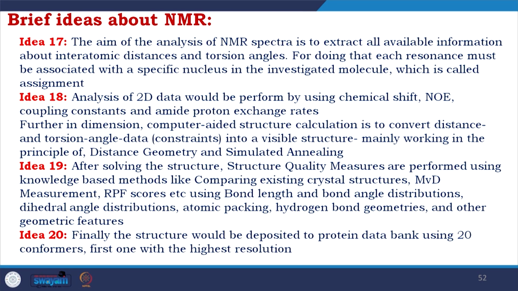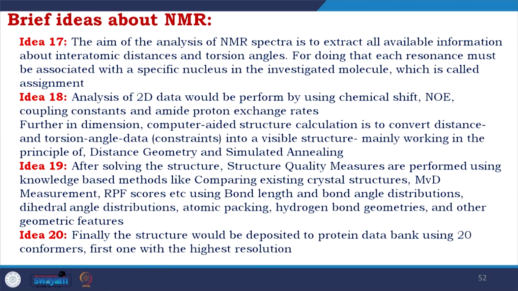Idea 20, the last idea: now you started from scratch, you came to structure development, you have already refined your structure, you checked the structure, and finally the structure would be deposited to the Protein Data Bank using 20 conformers, the first one with the highest resolution. So, this is our journey about NMR.